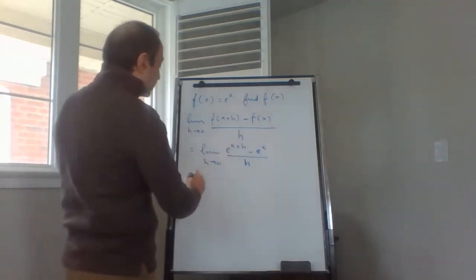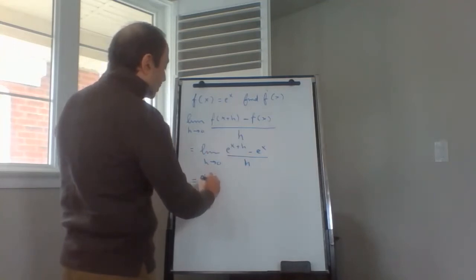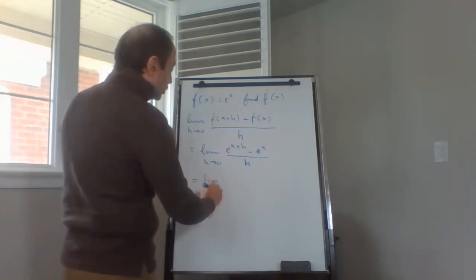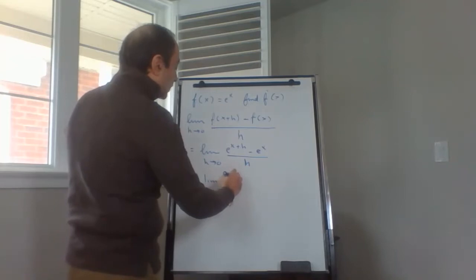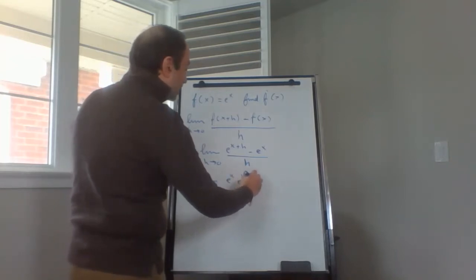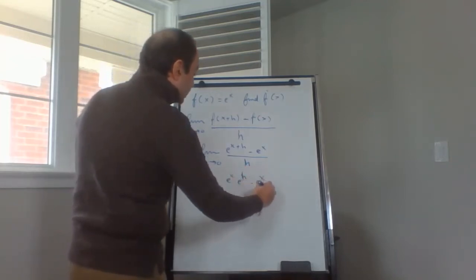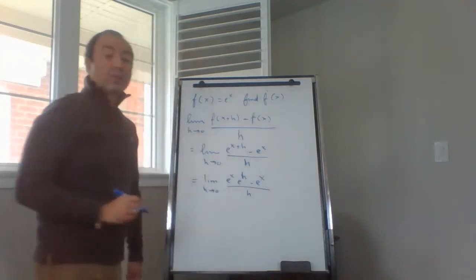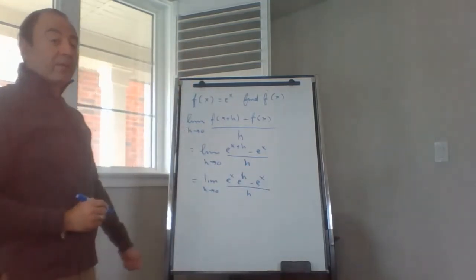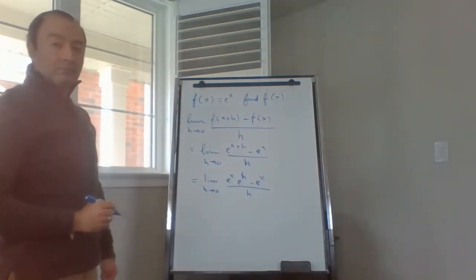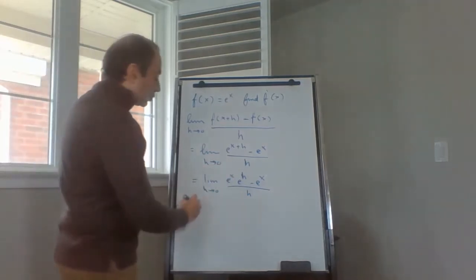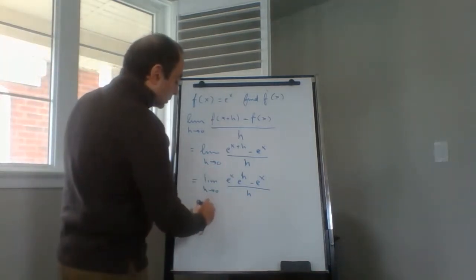So we can rewrite this as the limit as h goes to 0 of e to the power of x times e to the power of h minus e to the power of x, over h. It is very clear now what we need to do: we need to factor e to the power of x out.